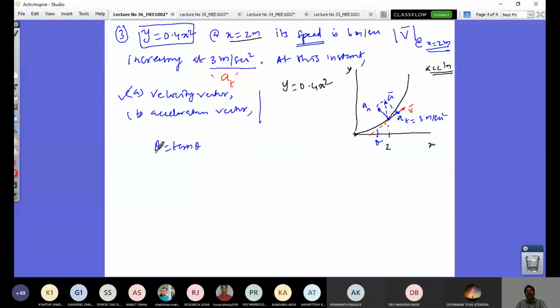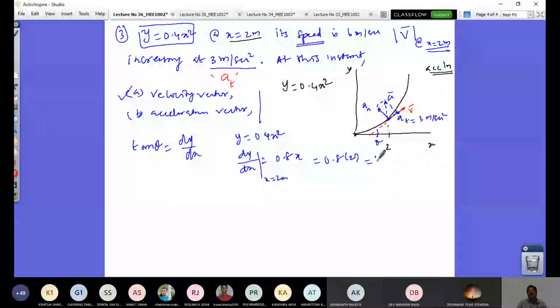The angle is theta, then tan theta is dy by dx. And I know the path is 0.4 x square. So dy by dx is 0.8x, and dy by dx at x equal to 2 meters is what I wanted. So 0.8 into 2 is 1.6. It's a slope, right? So no unit. Don't put the unit. So it is 1.6.